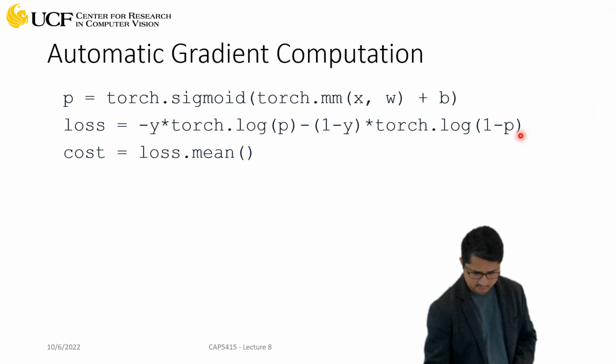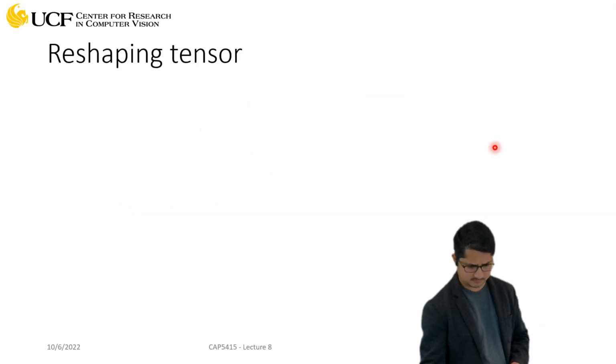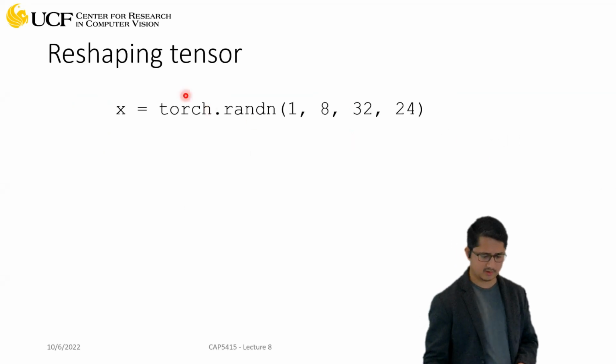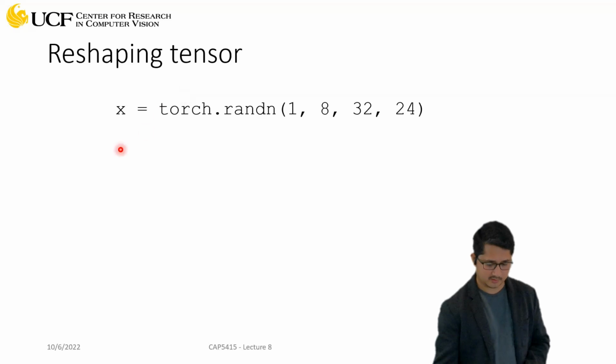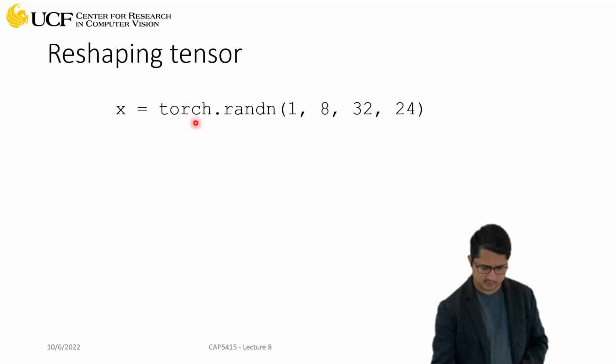Okay, so let's quickly go through the quiz. This is about reshaping tensors, how we do that using PyTorch tensors. The question is, you have a tensor which is randomly initialized, and the dimensions are 1 cross 8 cross 32 cross 24, right? So this is a 4-dimensional matrix.